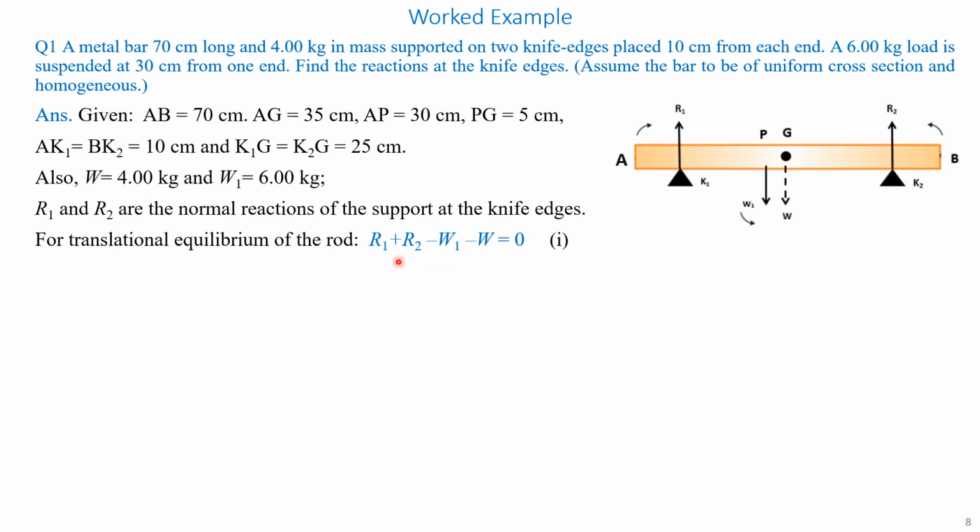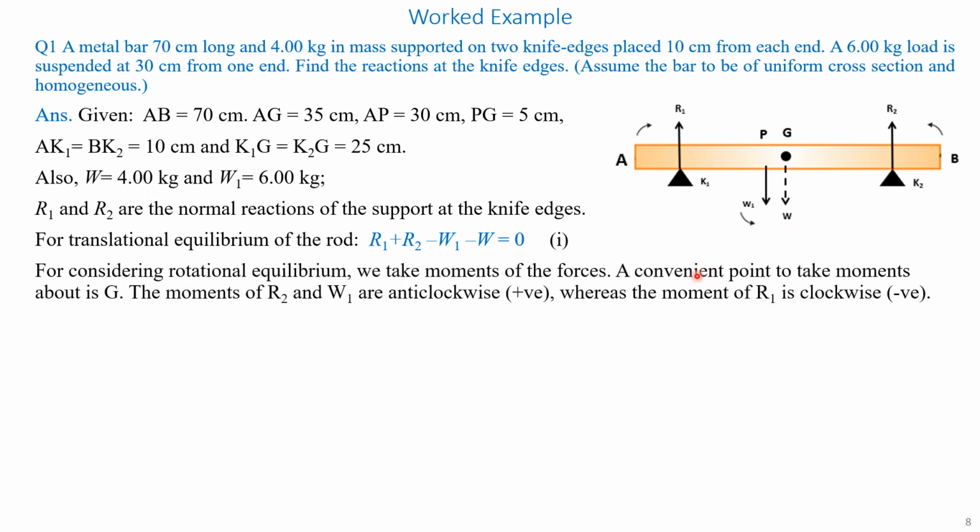The forces acting are R1 plus R2 minus W1 minus W. Please note only 4 forces are acting. The forces R1 and R2 are acting upwards, W1 and W are acting downwards. Let it be equation 1.